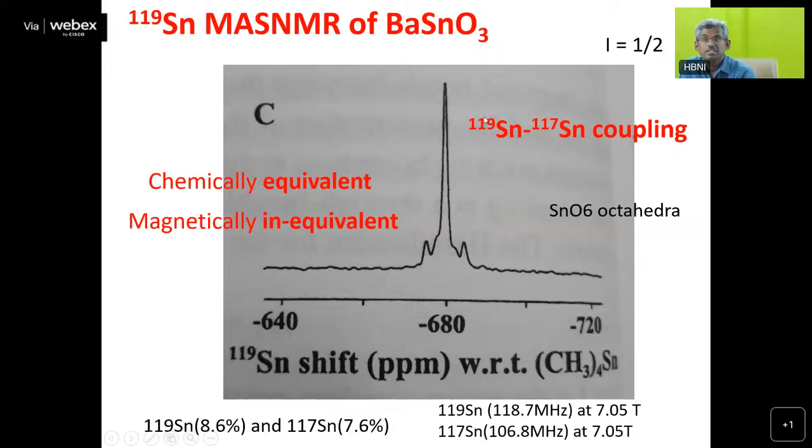But some of them are Sn119 and some of them are Sn117 and some of them are even Sn115. But because of its low abundance, we are not seeing that coupling. We are able to see the coupling of these two. So this is nothing but the tin 119 MAS NMR pattern of a typical compound called barium stannate, which is a highly symmetric structure characteristic of the perovskite.